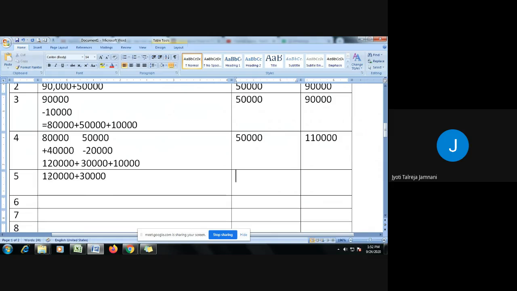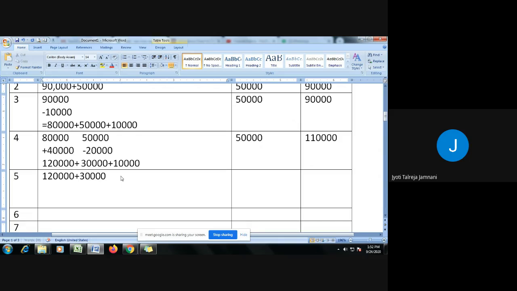From this we have sold goods. So I'll do minus, from 30,000 you minus goods costing rupees 20,000 we are selling. So when you sell goods of 20,000, remaining goods will be only 10,000.